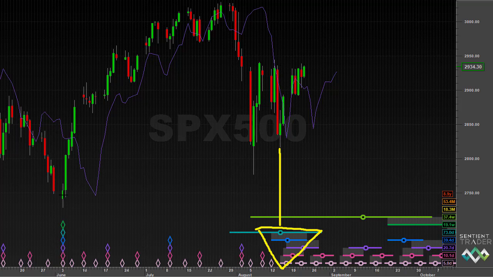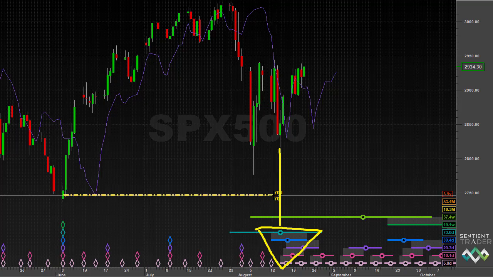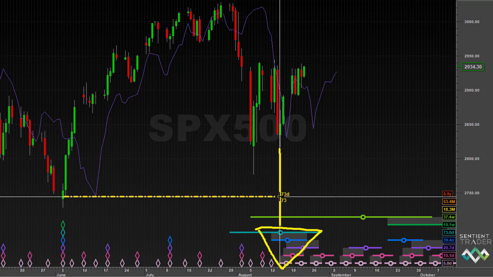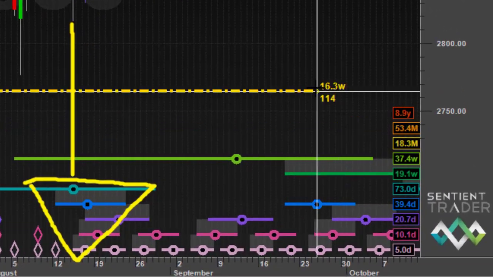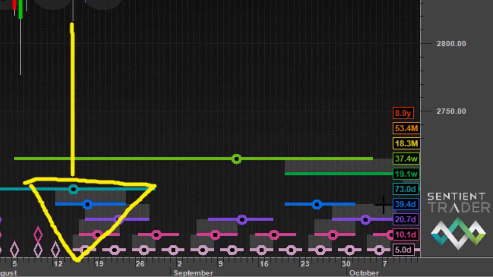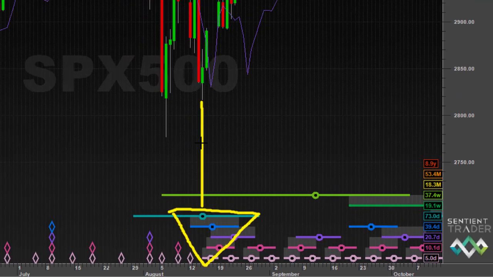Now that circle marks the exact position at which the cycle trough is expected on the basis of the recent, or sometimes called current, wavelength of that cycle. And so if we measure the number of days, you can see that was at 73 days. And if you have good eyes, you can see at the bottom right of the chart over there that 73 days is the recent or current wavelength of the 80-day cycle.